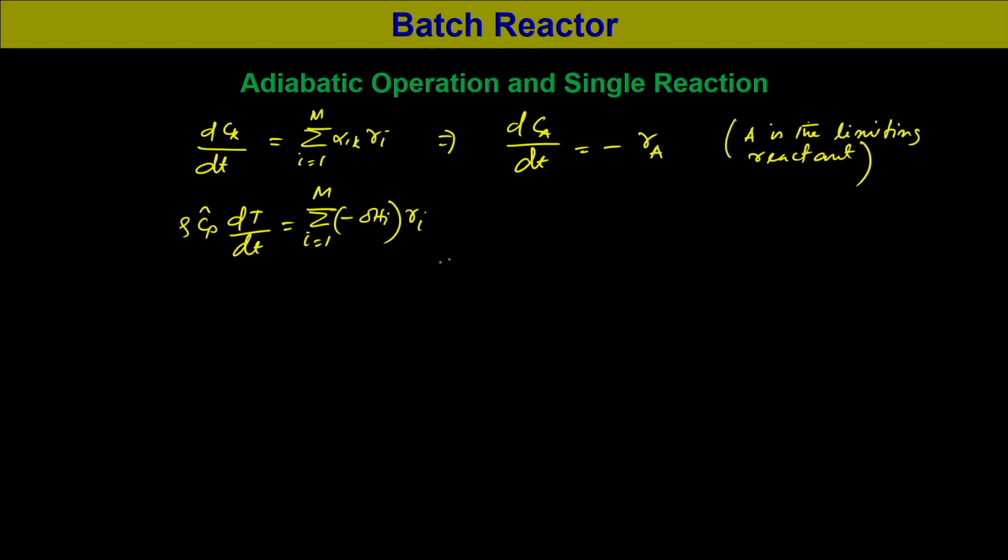This we can write as rho Cp dT/dt is equal to minus delta H reaction into Ra.